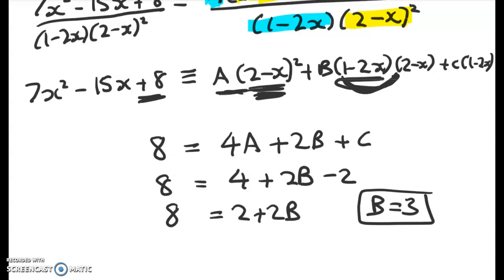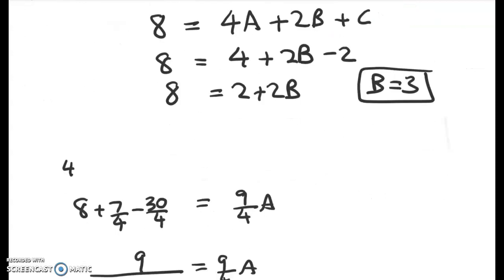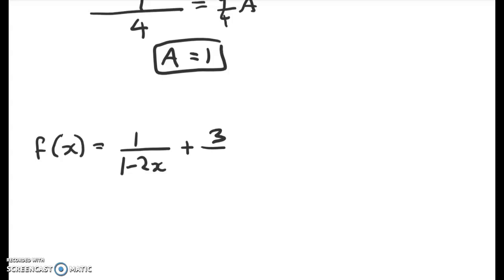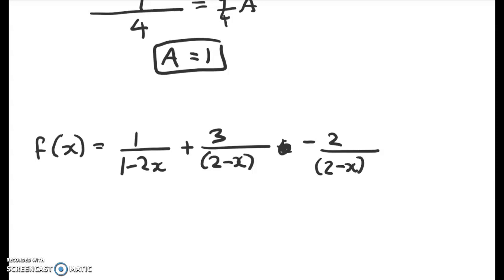So now we've finished the partial fractions part. That's good. Let's write it out cleanly before we start on the expansion. So we've got f of x is equal to a, so 1 over 1 minus 2x, plus b, 3, over 2 minus x, plus c, which is take away 2, so minus 2 over 2 minus x squared.